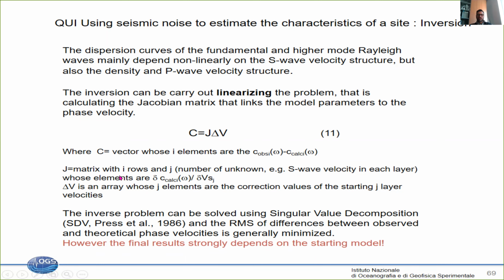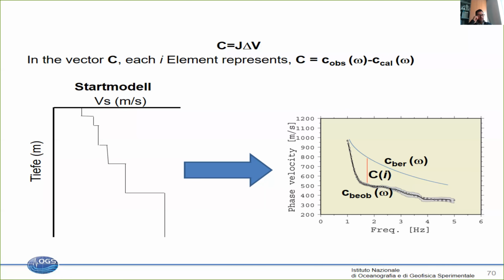Then I will have a matrix J, the matrix I described before, with a number of rows and a number of columns, which are the unknowns. I will have as many columns as layers, if I'm inverting for the velocity of the layers, and the rows will be simply the number of data, the number of frequencies of my dispersion or H over V curve. My unknown is the update of the velocity in each layer. And this I can do with methods like singular value decomposition.